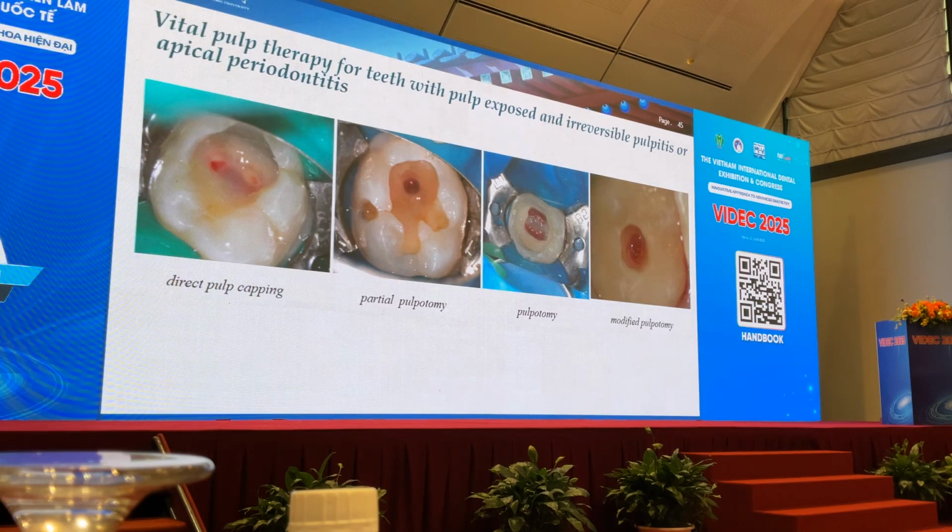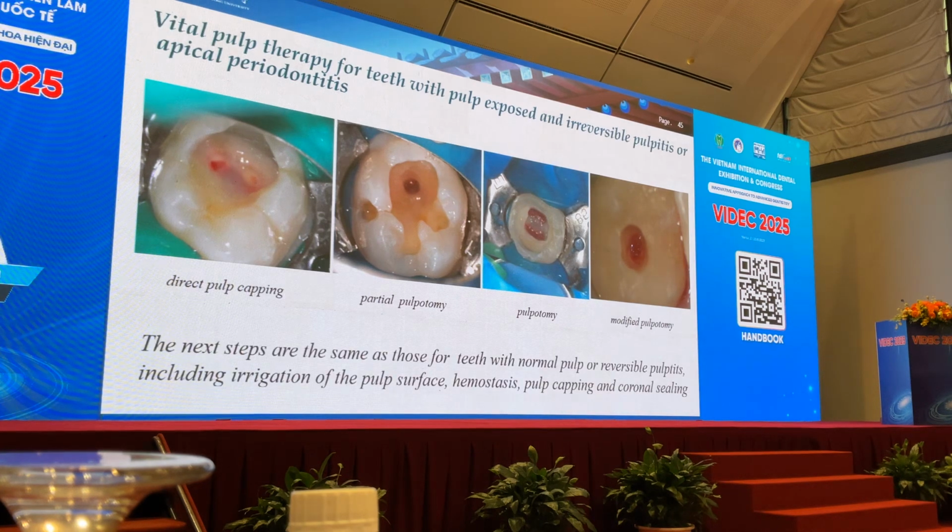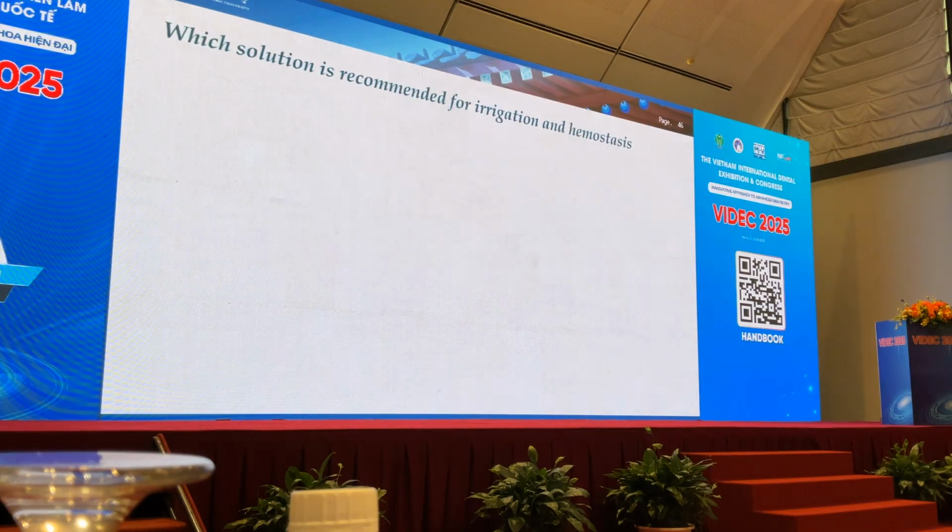It's more conservative, right? And for the next step, the same applies to teeth with normal pulp or reversible pulpitis, such as irrigation, anesthesia, pulp capping, or coronal sealing. And one of the most frequently asked questions is, which solution is recommended for irrigation and hemostasis?